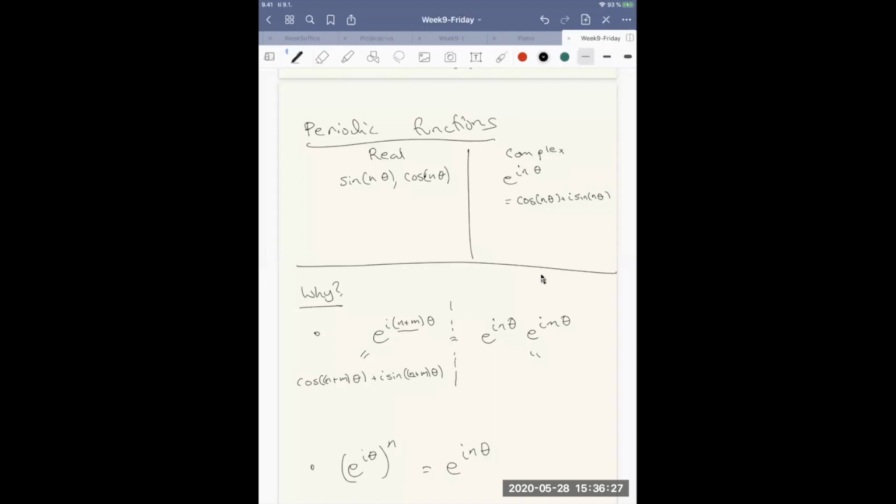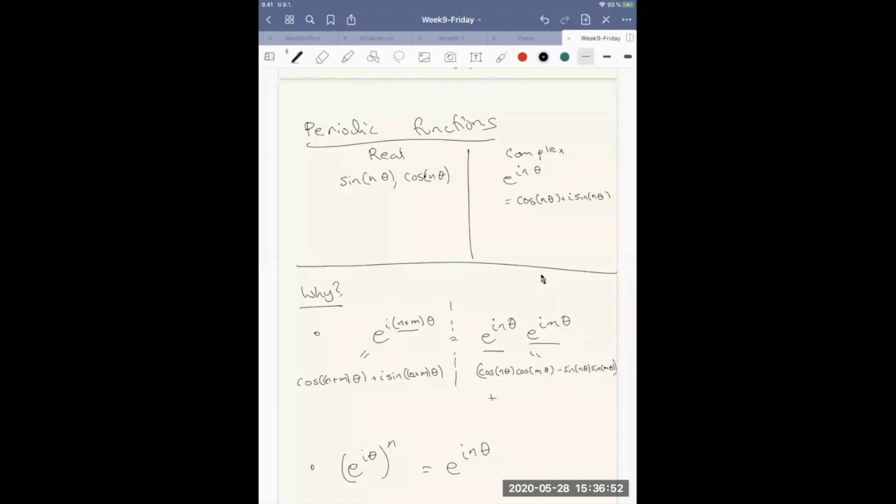we can express it as the product of e to the I n theta, e to the I m theta. And if you expand this out, what do you get? Well, you'll get the product of the real parts, so cosine n theta, cosine m theta, minus the imaginary parts, sine n theta, sine m theta.